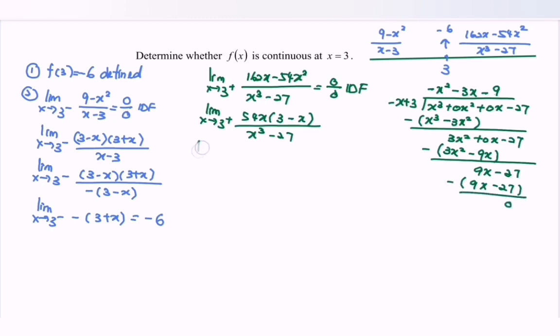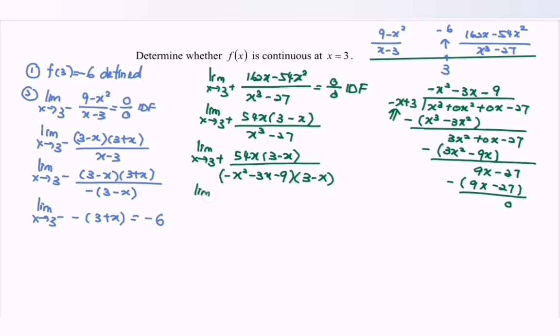So rewrite the situation. The limit as x approaches 3 from the right: we have 54x multiplied with (3 minus x), over (negative x squared minus 3x minus 9) multiplied with (3 minus x), which means that is the divisor. Notice that we have common terms.